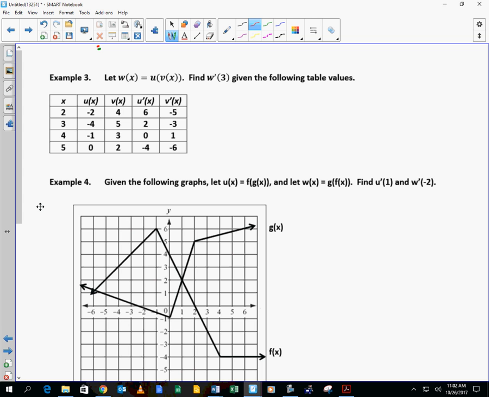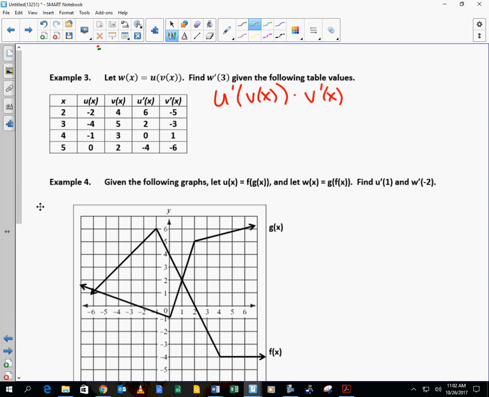V of x. So v prime of x times, so the derivative of the inside times the derivative of the outside with the inside left alone. So when it says find w prime, that's the formula for our derivative.